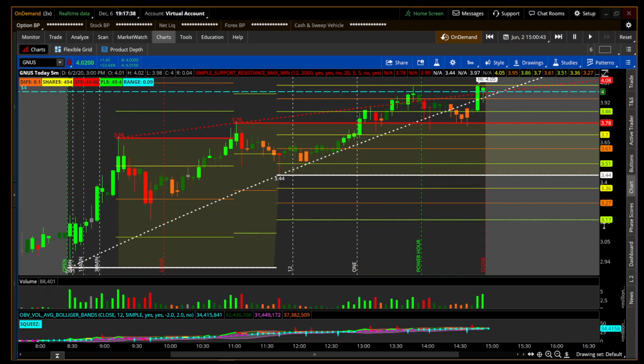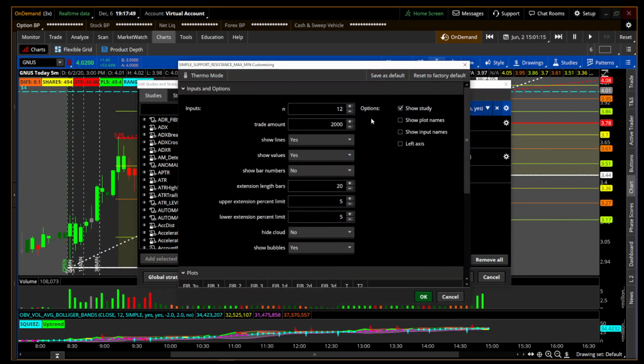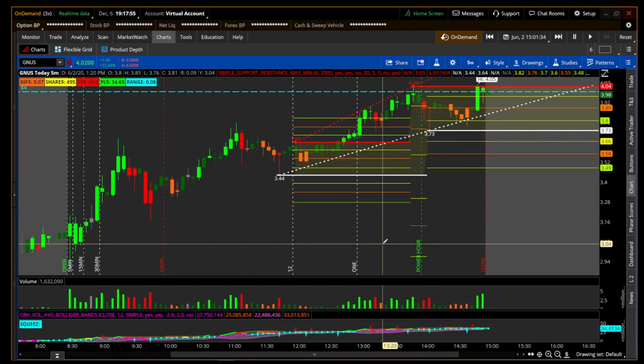But intraday, I'd leave it on 12, just my preference. But if you want more time, you can push it down to 6, and that gives you 30 minutes' worth of data.